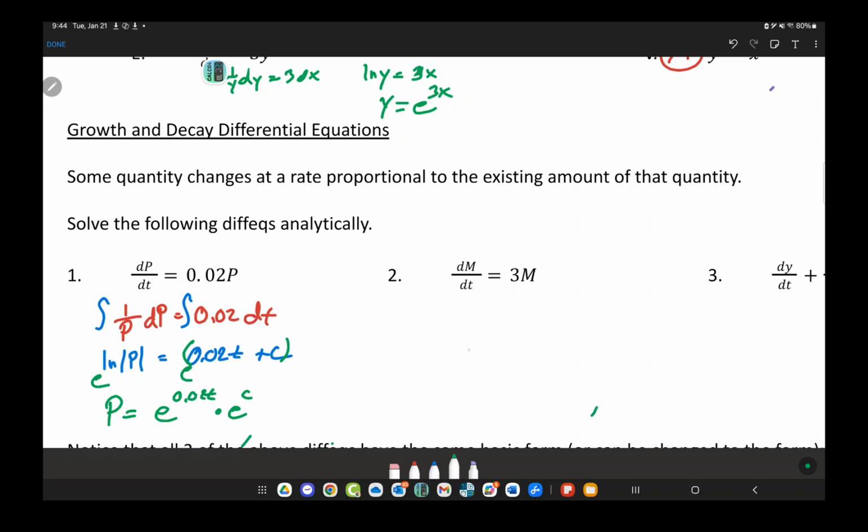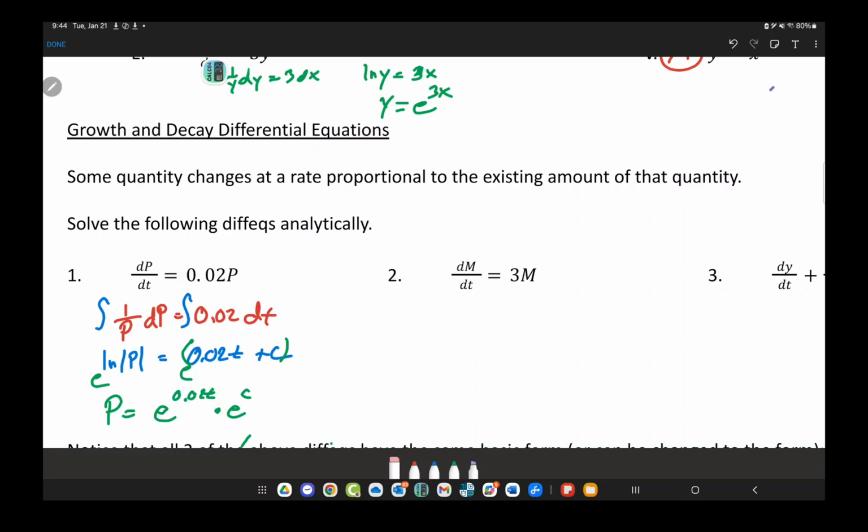Just like if I have x to the y times x to the 2, that would give you x to the y plus 2, right? So you can go backwards. Now, what do you remember we did with e to the C before? What kind of function is this? An exponential function.